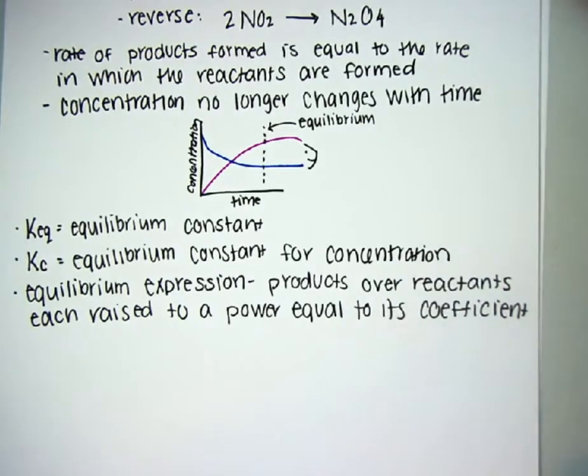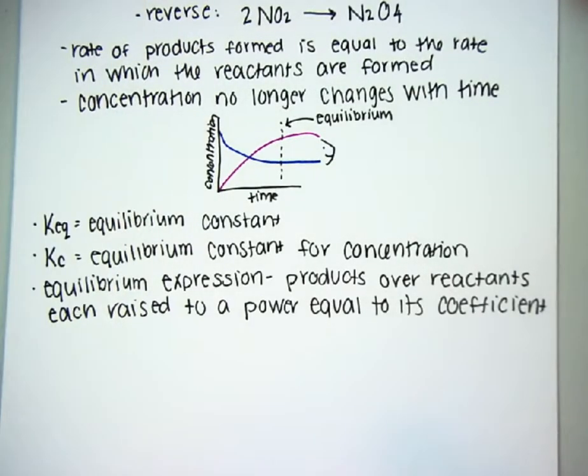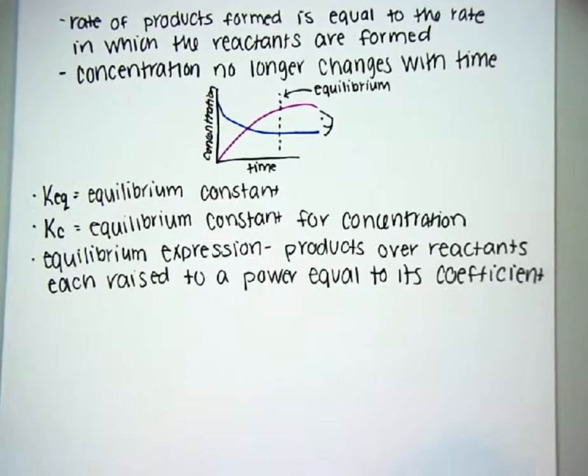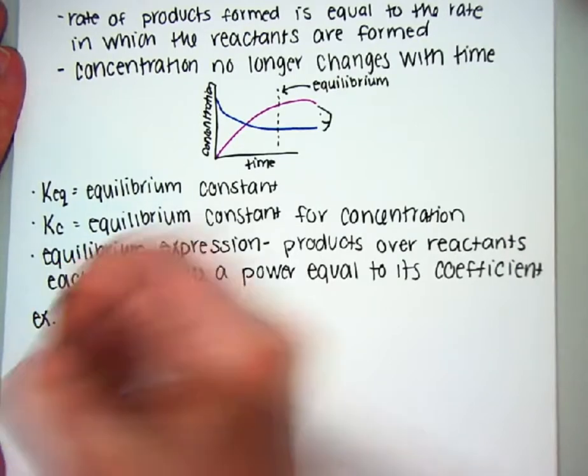So KEQ is just simply a ratio, products over reactants, and it is going to tell us which way is equilibrium favored. Is it going to be towards the reactants, or is it going to be towards the products? So it is just a ratio to express chemical equilibrium. Let's start by writing a few KEQ expressions.